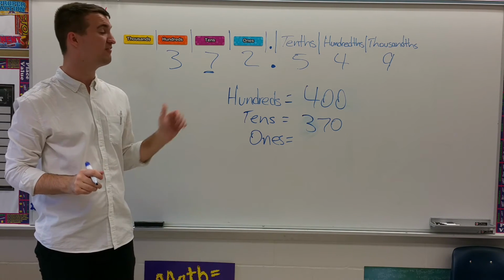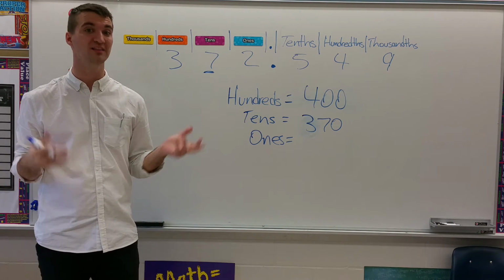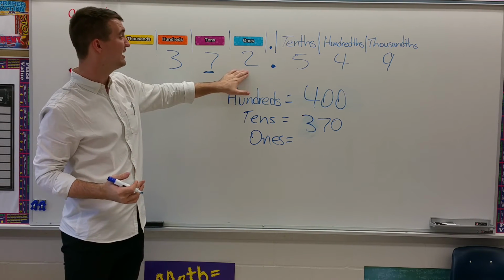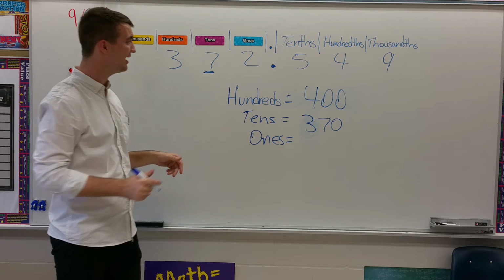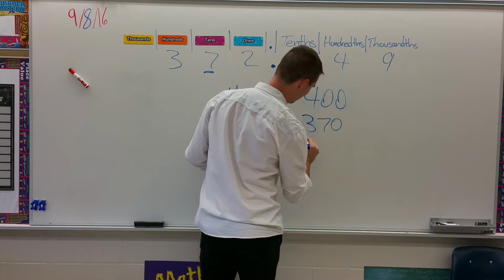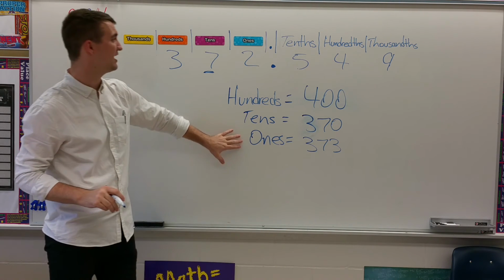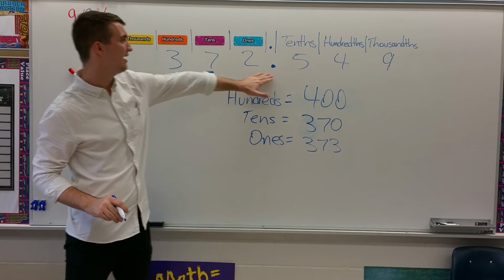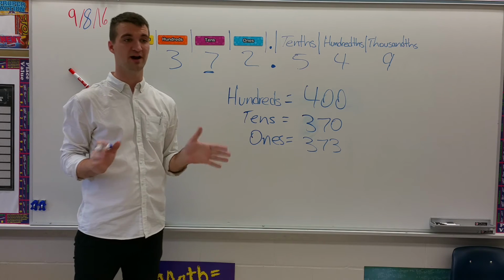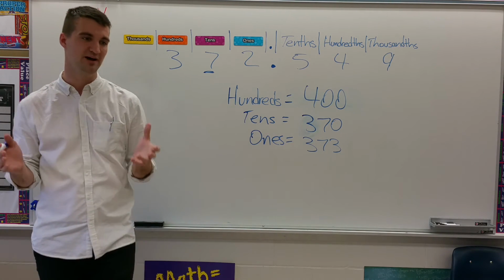And that's a 5. So 5 or more, let it soar. This 2 is going to become a 3 because it has a 5 behind it. We're going to round up one number here to 373. And notice, since I'm rounding to my nearest 1, I'm not worried about all the decimal numbers behind it.